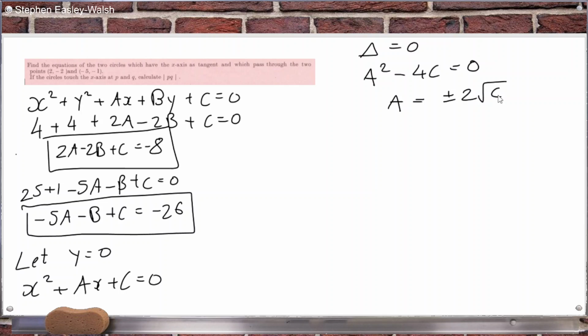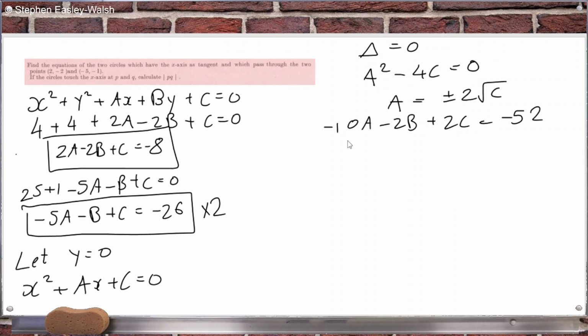How about I multiply this by 2. So now I get minus 10a minus 2b plus 2c equals minus 52.